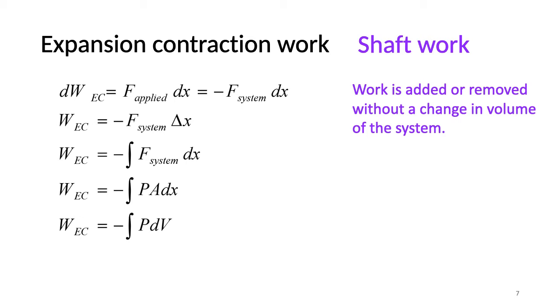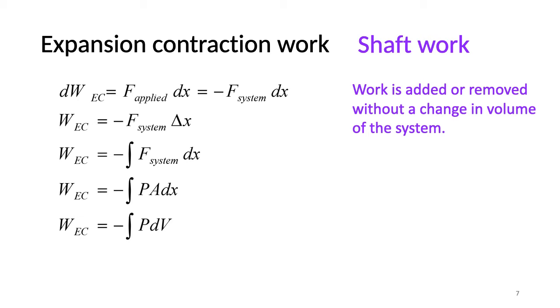If the force applied on the system is constant, we can represent W as F times delta X. Here, F applied is positive. But what about delta X? Because of the applied force, the volume of the system has reduced. So we represent that with a negative sign.